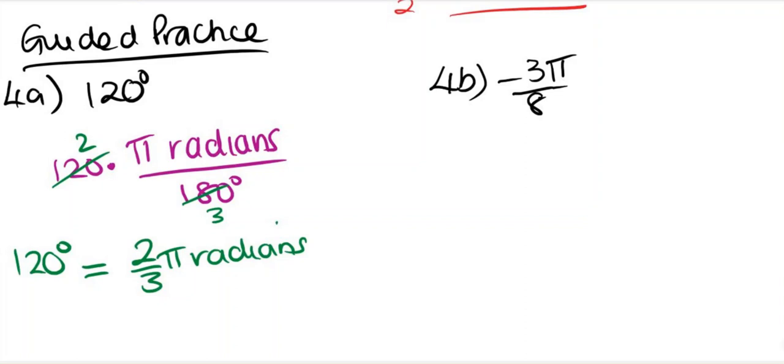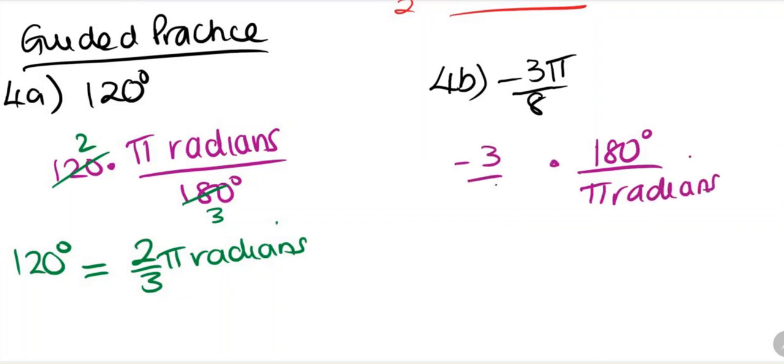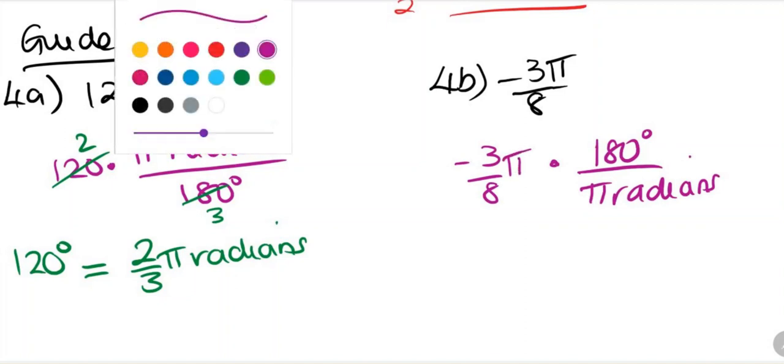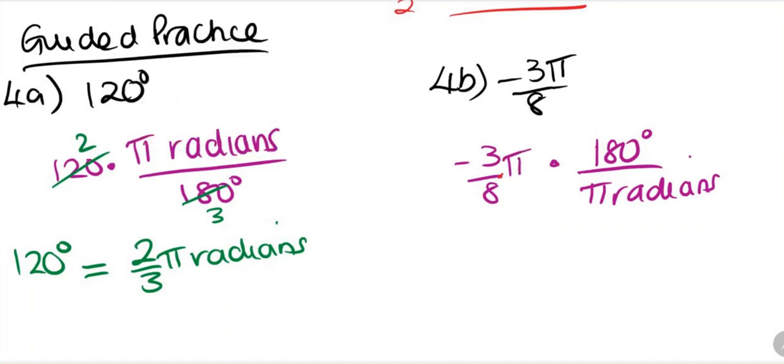Let's have a look at the second one. For the formula, we're going to use 180 degrees divided by pi radians, and multiply this by minus 3 over 8 pi. The first thing we can do is simplify the pi radians.